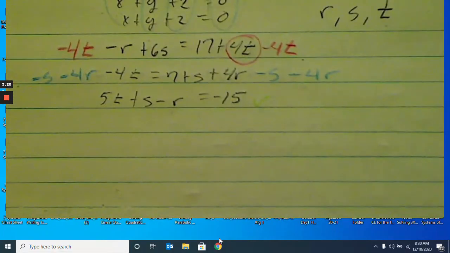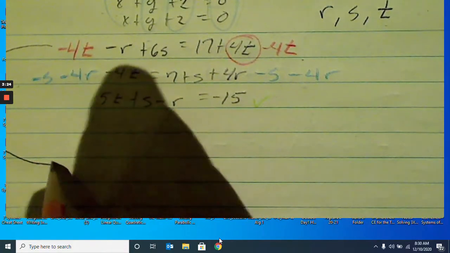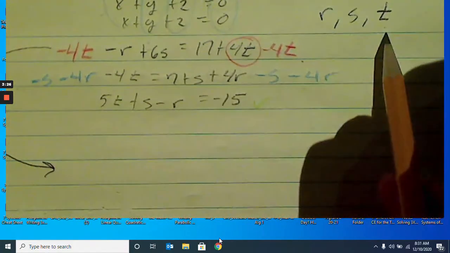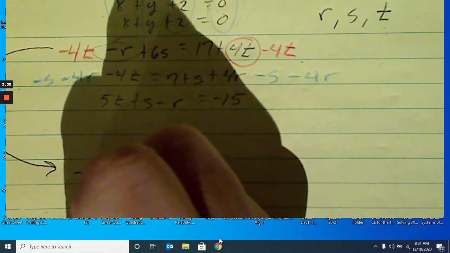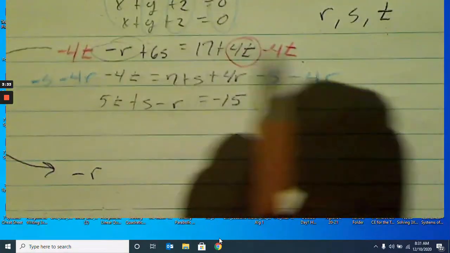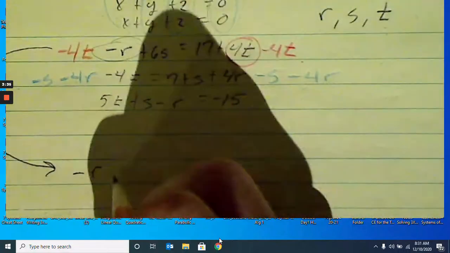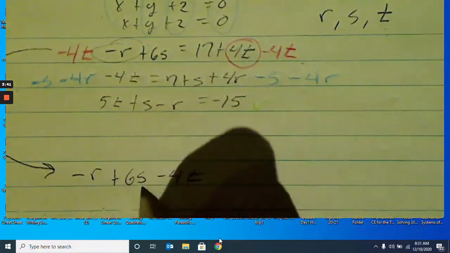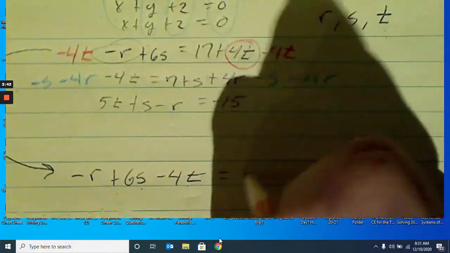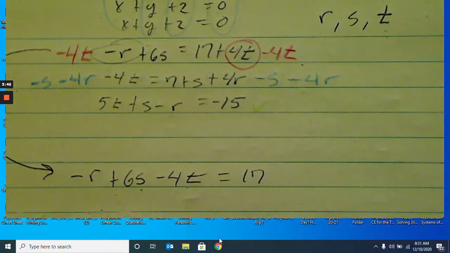So I take the first equation, and if I want this in r, s, t order, my first one is negative r, so I'm going to write negative r first. The second one is 6s. The third one is minus 4t. So now it's r, s, t, and 17 is my constant value.